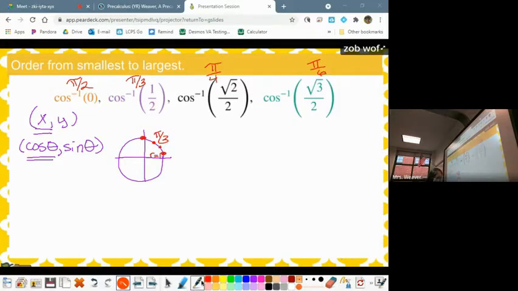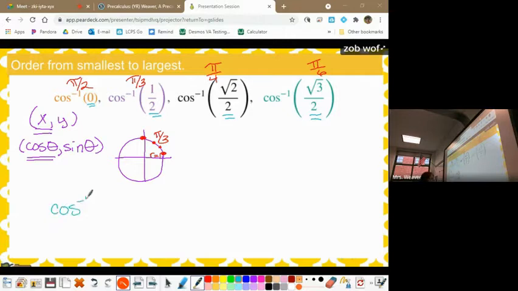So if we're putting these in order from smallest to largest, the smallest is actually the one with the largest cosine. So notice that the cosines already looked like they were in order from smallest to largest, but the smallest cosine is actually the biggest angle. So the smallest angle is actually the biggest cosine.